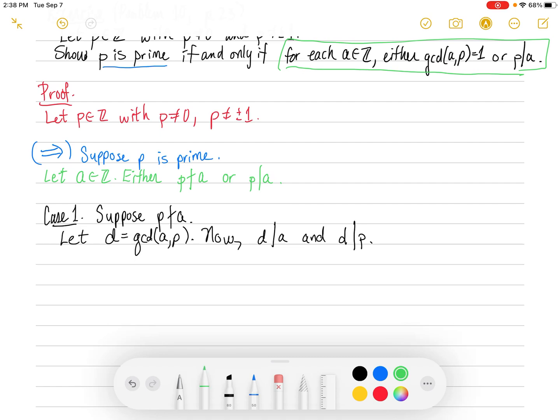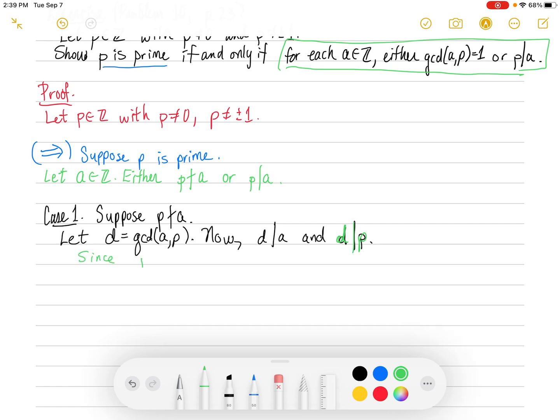So if I focus on the second situation here, d divides p. Any divisor of a prime is plus or minus 1 or plus or minus p. But we're not thinking about negatives, because GCDs are only positive.